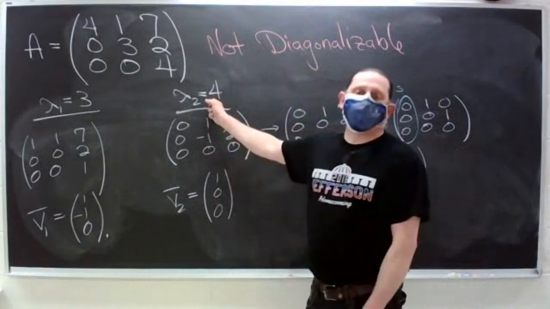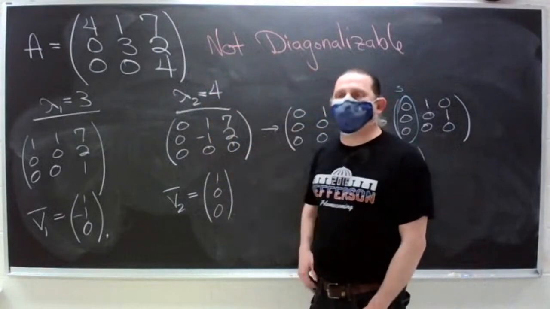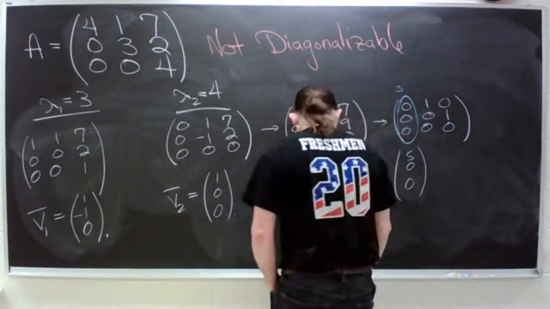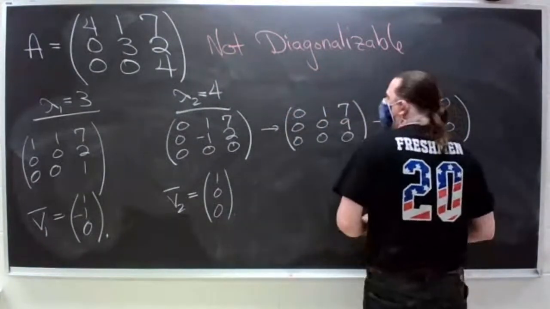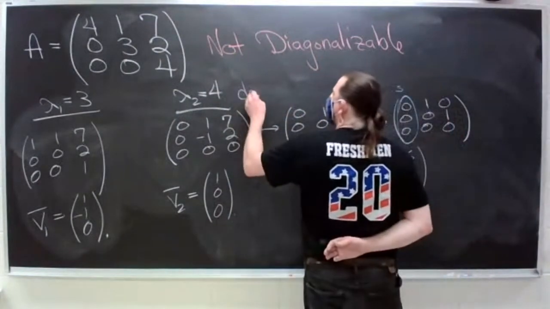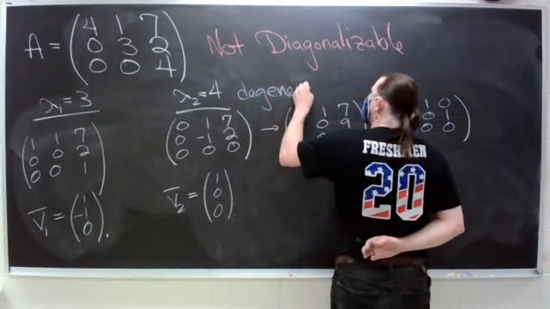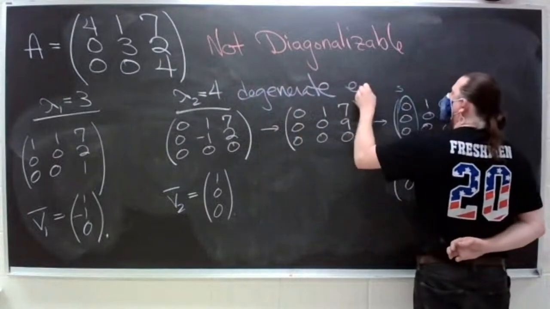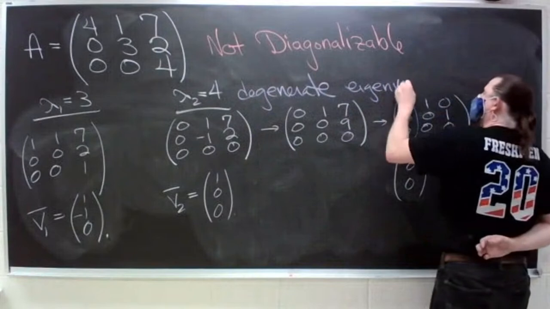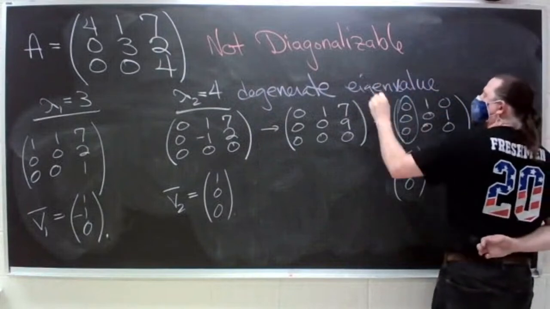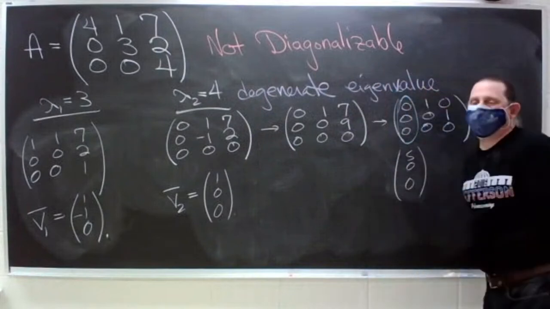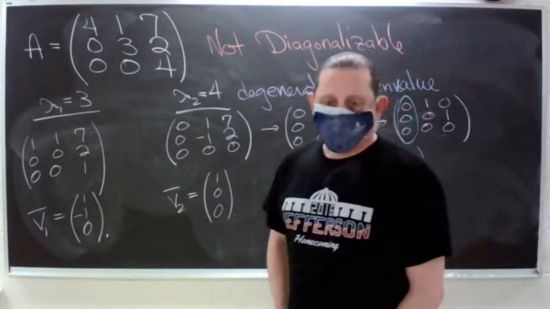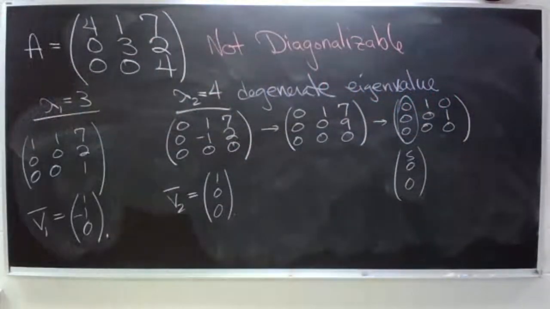These eigenvalues with multiplicity greater than 1 have a name. They are called degenerate eigenvalues. Degenerate eigenvalues.